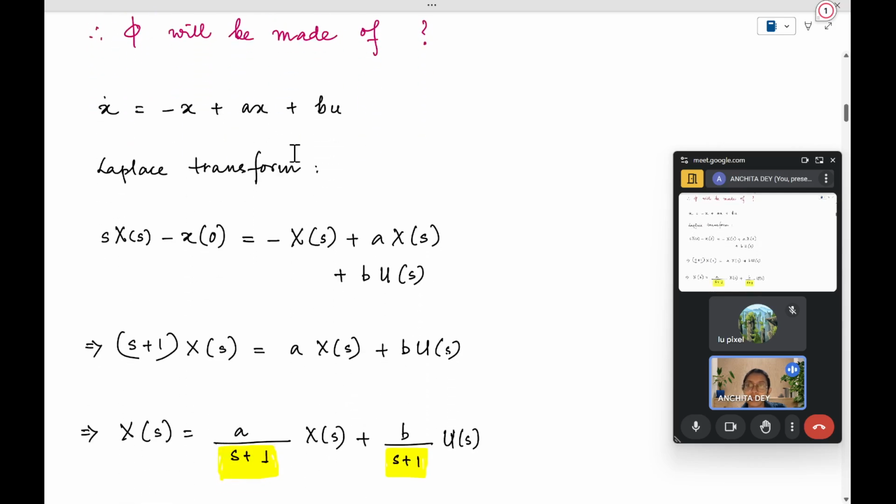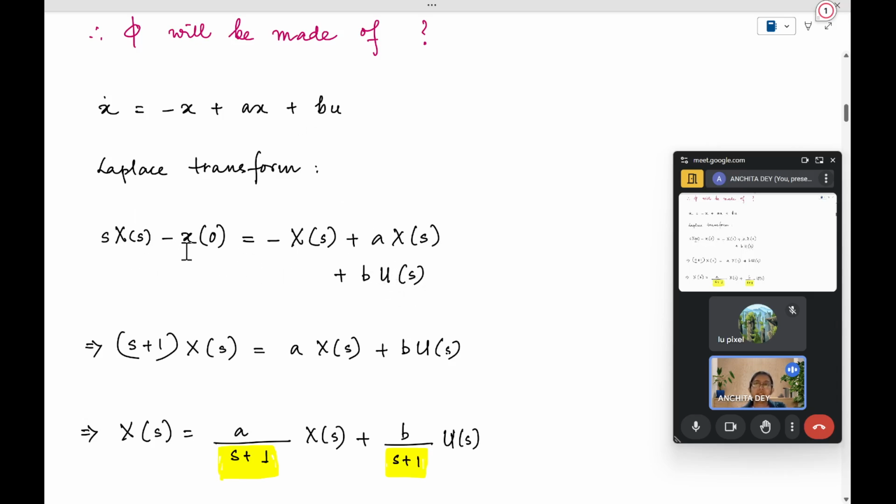So we will start with the analysis. We have been given x dot equal to minus x plus ax plus bu. Now if you take the Laplace transform on both sides, you have sx of s minus x0. We can also write x at 0 minus, that means the value just at the initial time instant. This is equal to minus x of s plus a into x of s and then plus b into u of s, right?